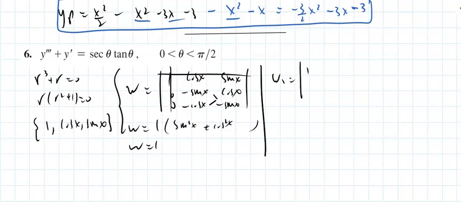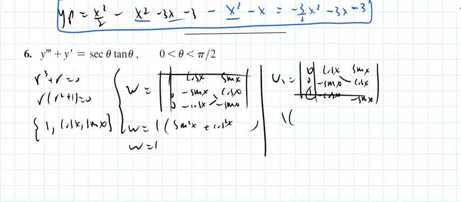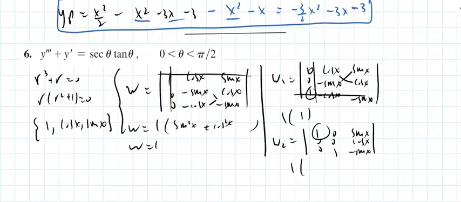W sub 1, 1, 0, 0, 1. So 1 times cosine squared plus sine squared is 1. So if I pick this row, 1 times 0, that's minus cosine of x.